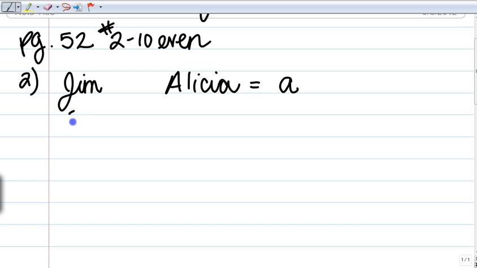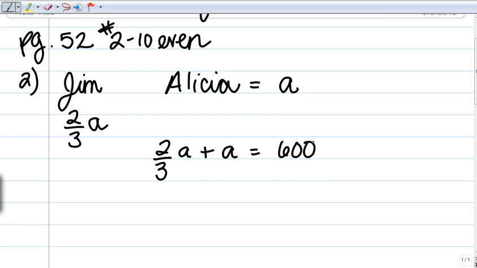And Jim's is going to be 2/3 that, because it says that Jim's weekly pay is 2/3 of Alicia's. And it says together they make $600 per week. So we're going to have Jim's pay plus Alicia's pay is $600.